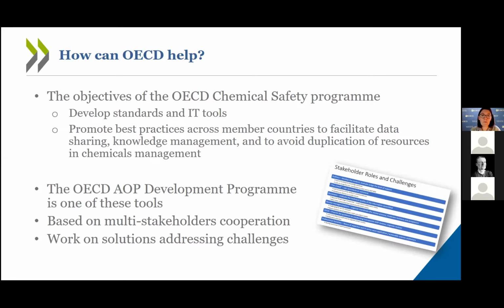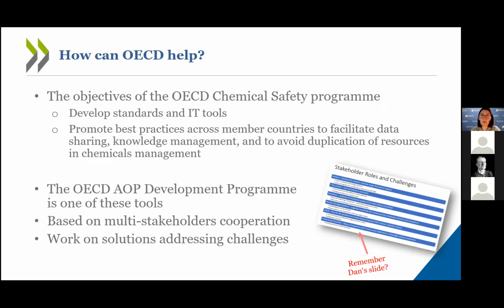But as you remember from Dan's slide, there are various challenges we are facing. So I will specifically focus in this presentation on the challenges associated with the scientific review and how to overcome these challenges.